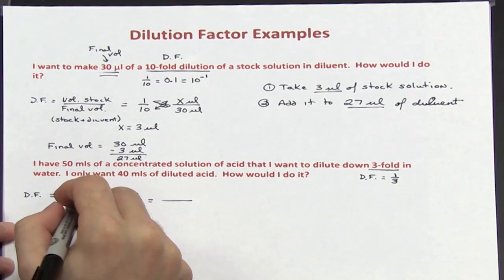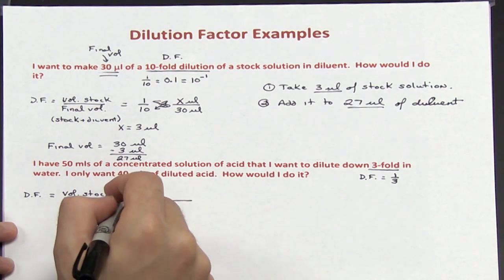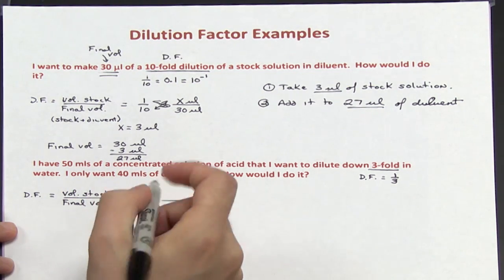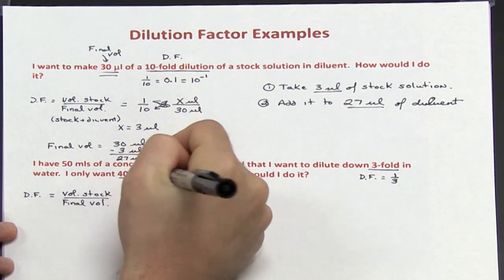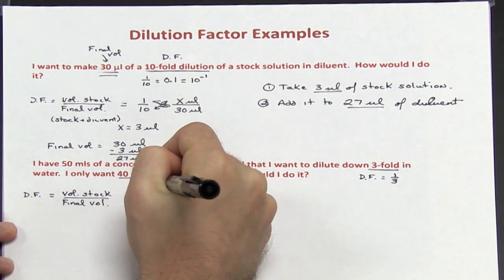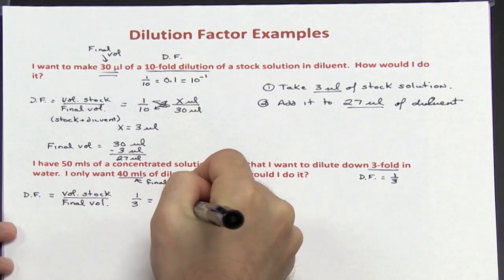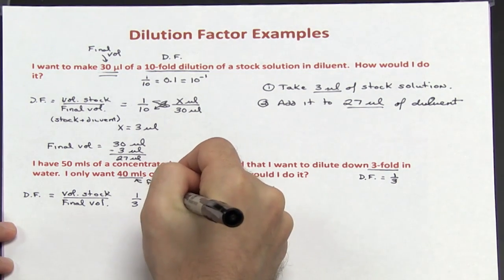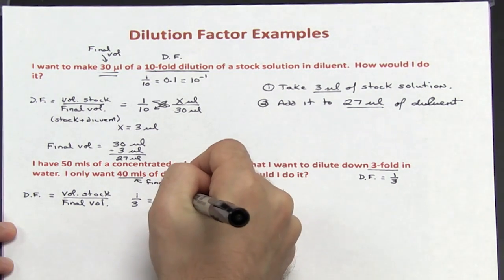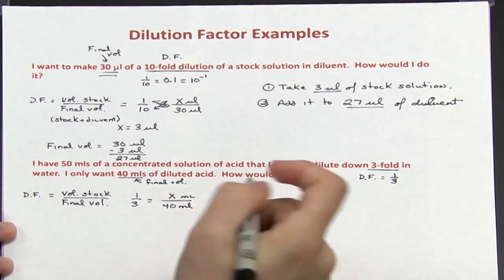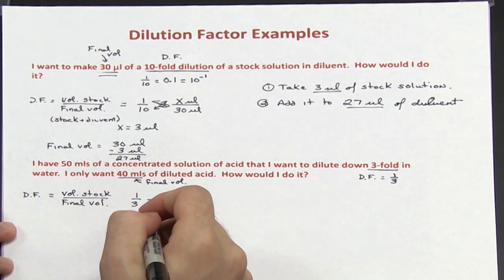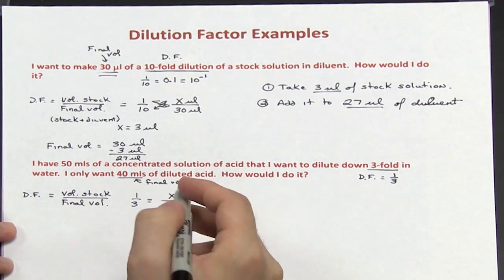If we look at the problem, it says I only want 40 mils of diluted acid. So this 40 mils represents the final volume. So 40 mils will go in here.